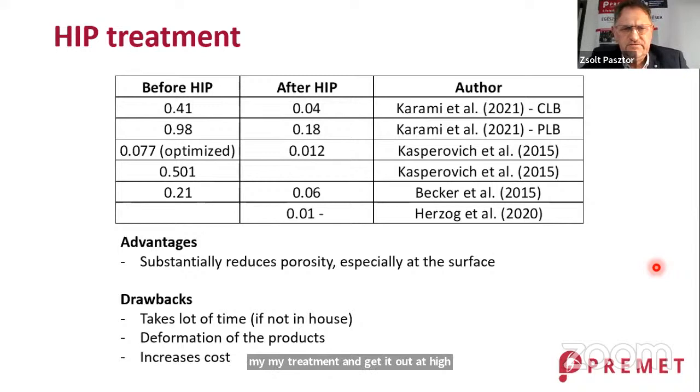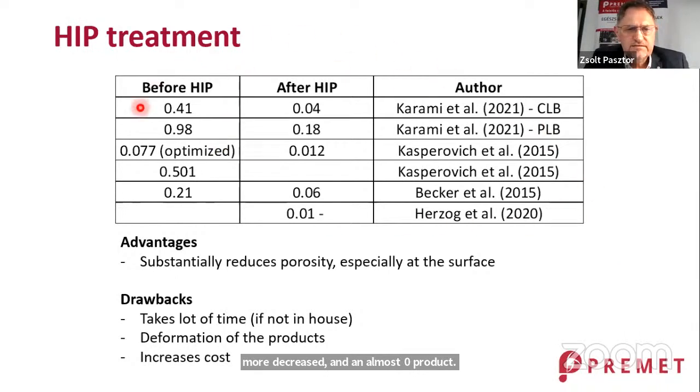The temperature is in the range of 1000 degrees Celsius, while the pressure is roughly 100 to 200 bars. By HIP treatment, the porosity can be substantially decreased, and an almost zero porosity can be achieved.